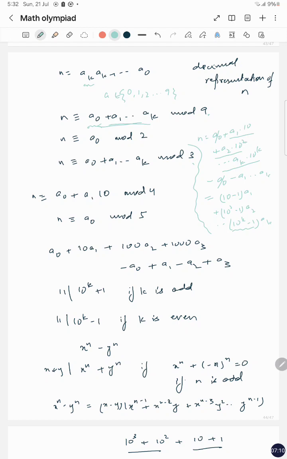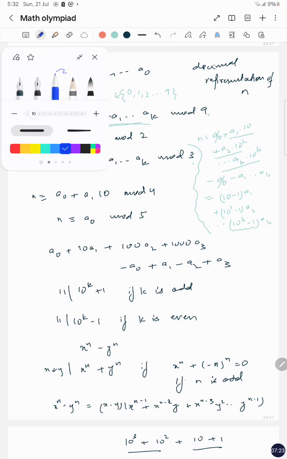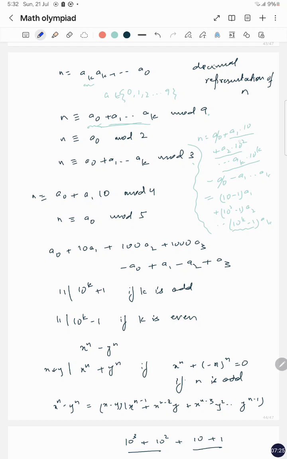And if we want to look at divisibility by 4, we have to subtract A0 and 10 A1. In that case, this is cancelled, and 4 divides 10 square, 10 cube, up to 10^k, so 4 divides this entire expression.